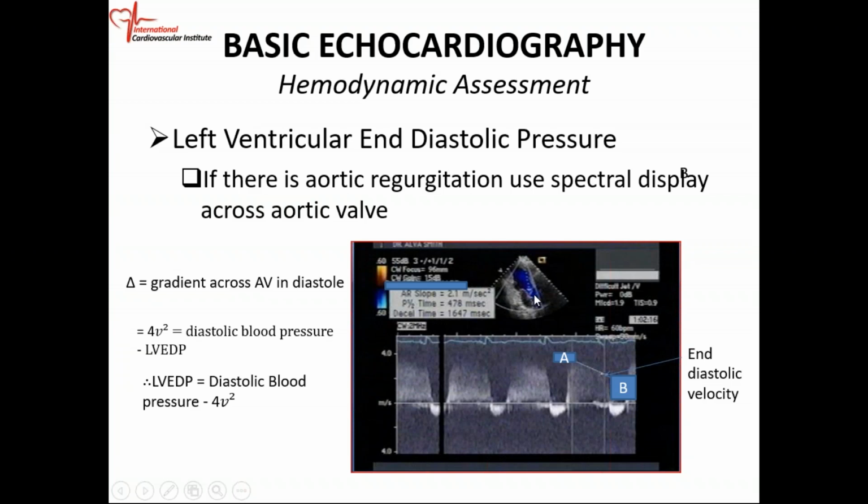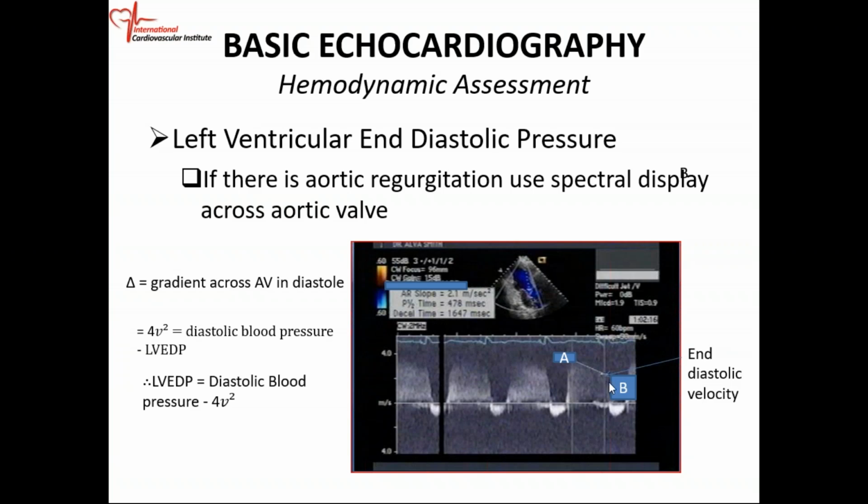In aortic insufficiency, blood is flowing from the aorta, across the aortic valve into the left ventricle, towards the transducer, hence the flow is above the baseline. And you have an early velocity and a late velocity. The velocity we're talking about is your end diastolic velocity. So what you do, you square this velocity, multiply it by 4, and that's the gradient. Gradient is equal to 4v squared using the modified Bernoulli equation.